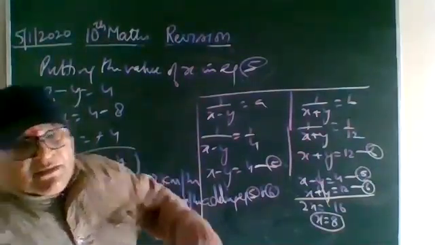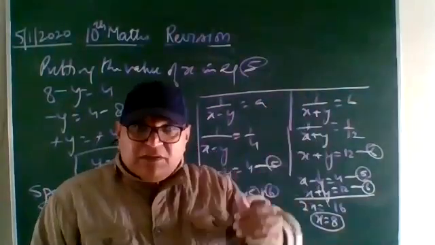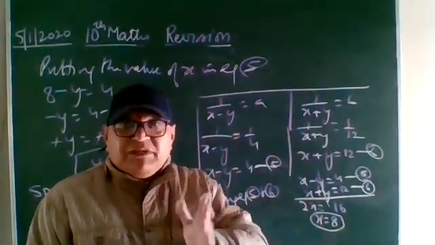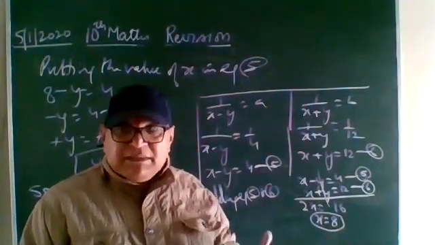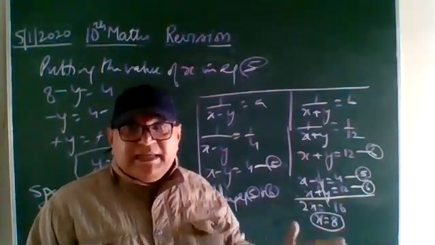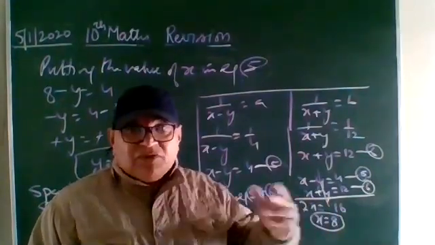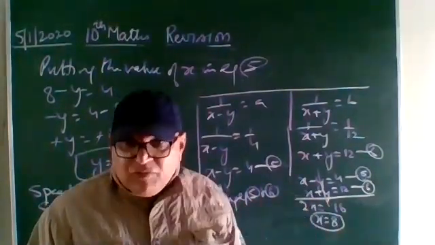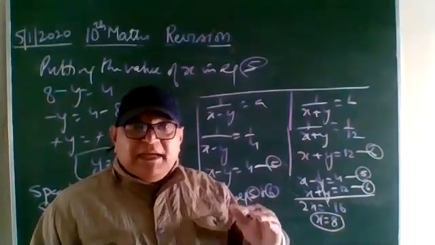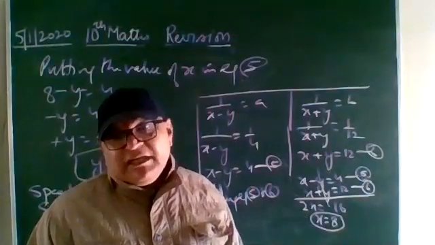In the question, first of all, getting equations 1 and 2 correct, you will get marks. After that, the method of solving is equating the coefficient. So you will be getting the value of A and B, and you will get marks for the correct value of A and correct value of B.